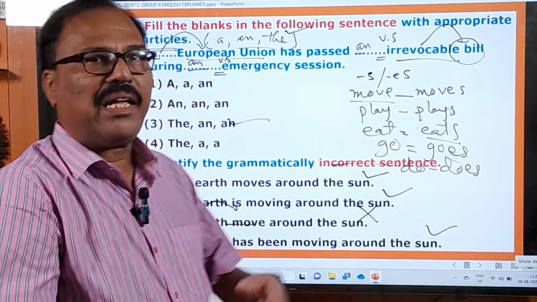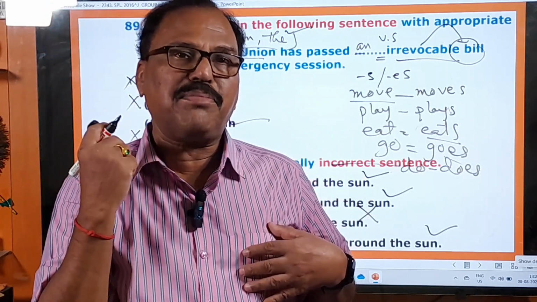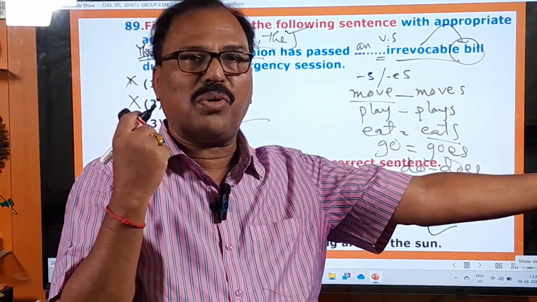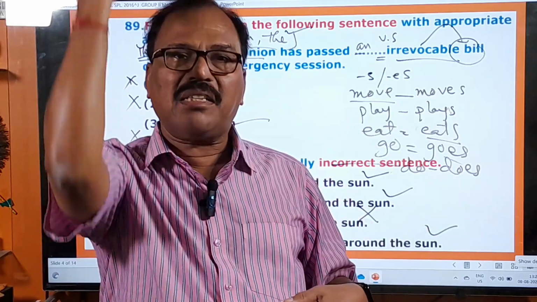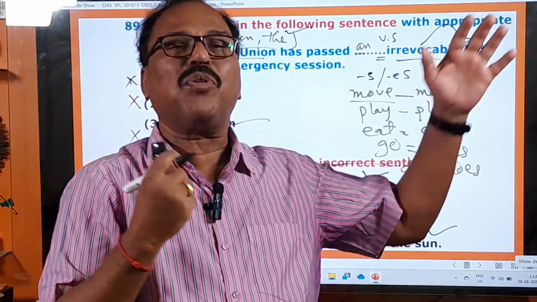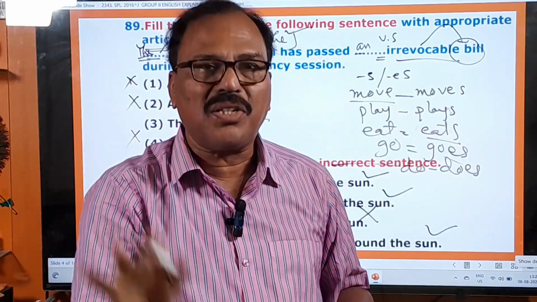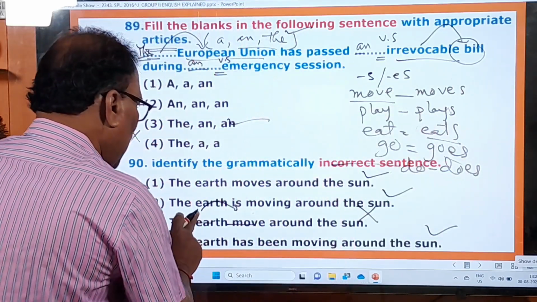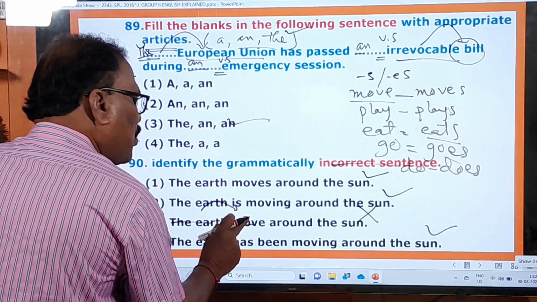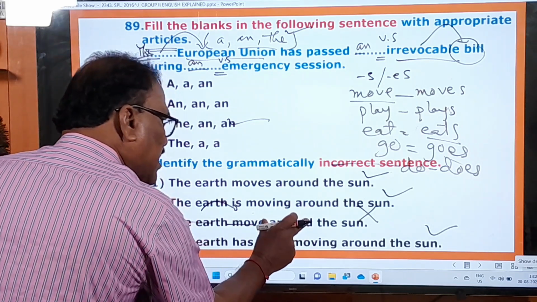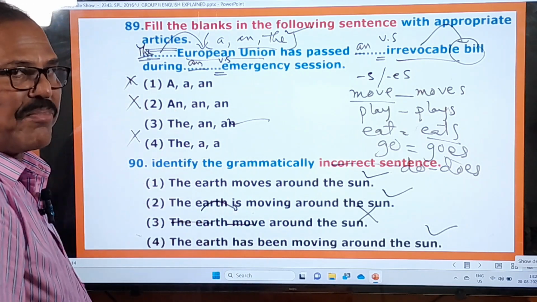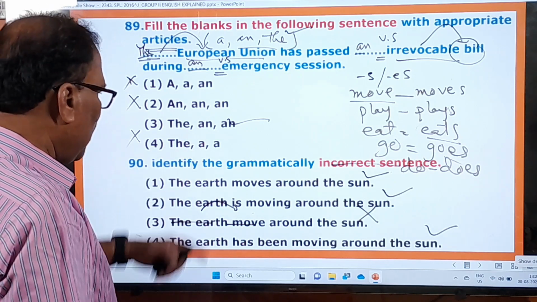There is a rule in the English language: beside the singular subject, only the singular verb must be used; beside the plural subject, only the plural verb must be used. This is the rule throughout the English language. So here, the earth is a singular subject, but a plural verb is there. That's why this sentence is grammatically incorrect, but all others are correct sentences.